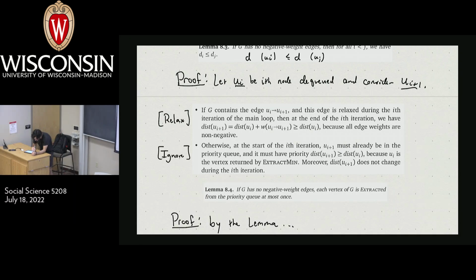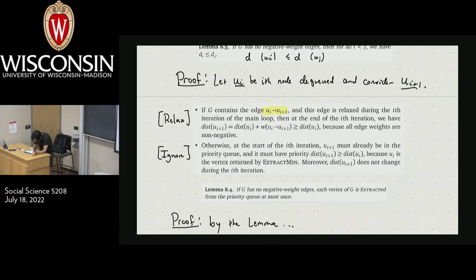If we did relax that edge to ui plus 1, then by definition of relaxation, the updated weight is this. So we define the distance of ui plus 1 to be the distance of ui plus the weight of that edge.